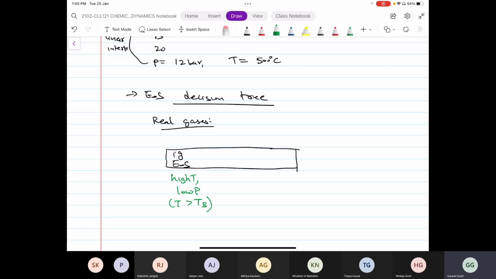And if the temperature is above the Boyle temperature, and the Boyle temperature is the temperature at which the second virial coefficient is zero. So if you are at a temperature where the second virial coefficient is zero, you can essentially say that I am at a high enough temperature that interatomic interactions are not significant. So on the temperature side, that is the condition.